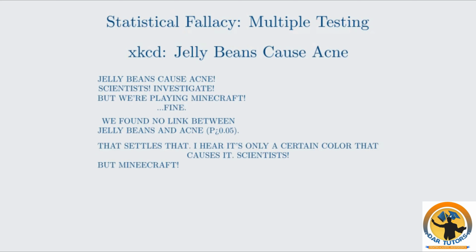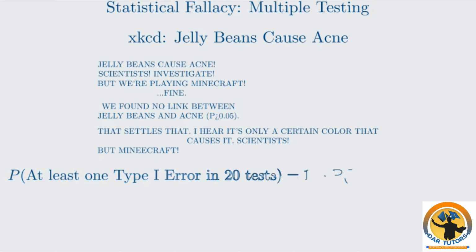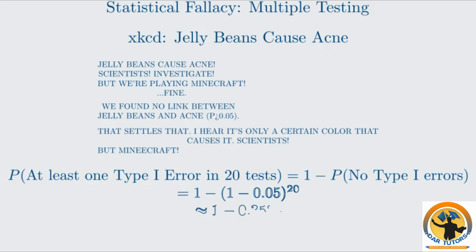This is our type 1 error probability. The probability of getting at least one type 1 error across all 20 tests is much higher. The probability of not getting any type 1 error is 0.95 to the power of 20, which is about 0.358. So, the probability of getting at least one type 1 error is 1 minus that, which is over 64%.